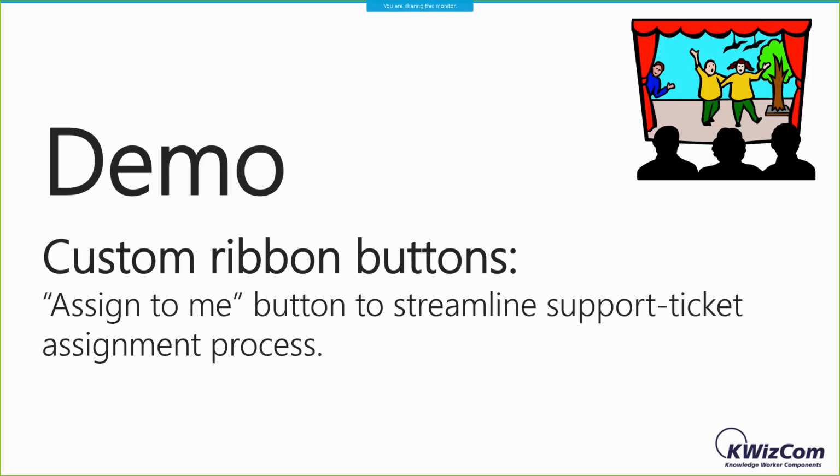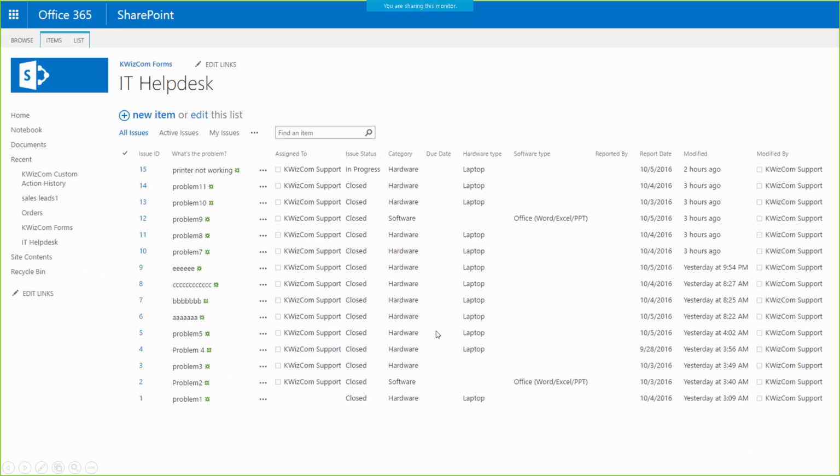I'll start with my first scenario. This is a help desk scenario. I have an IT help desk list, which is used for opening new support tickets by customers or employees and for resolving these support tickets by the help desk engineers.